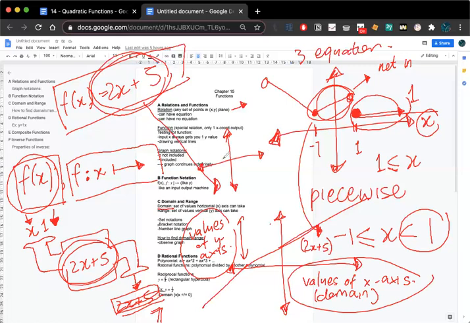For example, if f(x) is equal to x squared, perhaps the domain might have unlimited values, but then the range of it, the y-axis, only has limited values, which is 0 or more than 0. So you can write it this way.